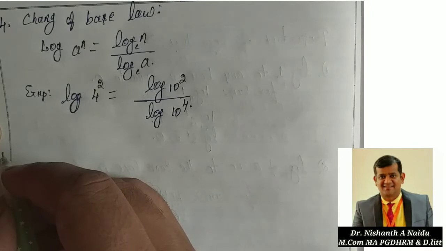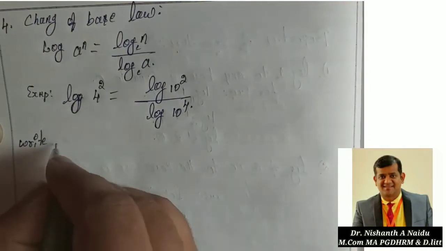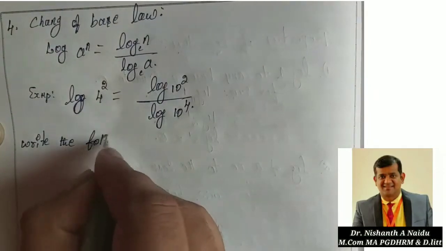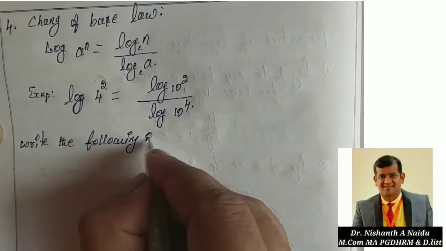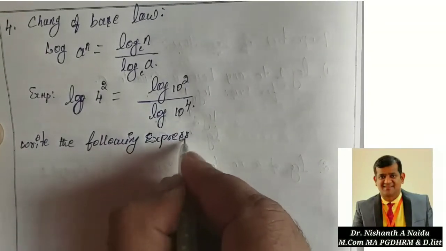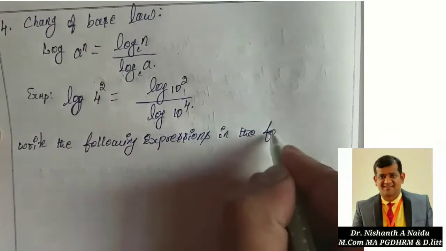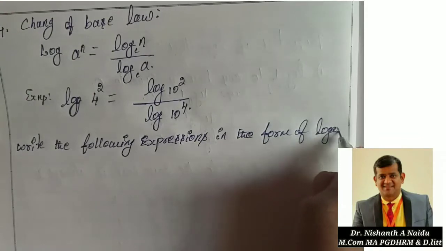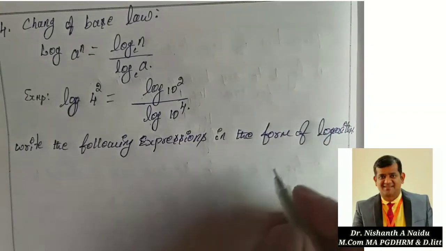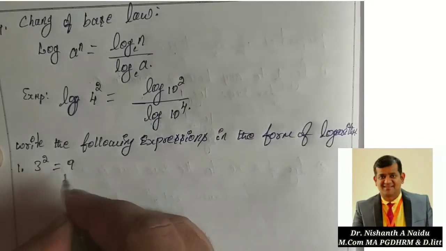Next, how we are going to write expressions in the form of logarithm, so that you should know. Let me write the following. Number 1, 3 to the power of 2 equals 9.